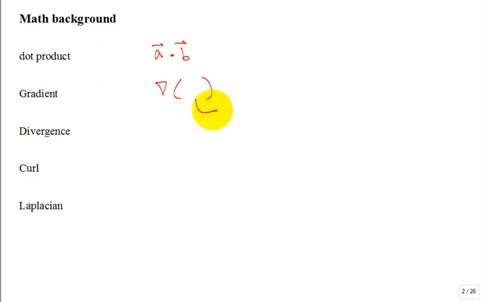What do you put into the gradient operator? Vector field or scalar field? What do you get out? Vector. Now you can put in notation a gradient of a vector field, but this is the traditional use.